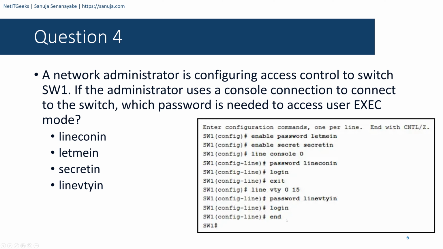Remember that it has to be line con in, because line con in is being entered at the line console 0, because that's where the user executive thing happens, right? The password required for the executive mode has to be under the line console 0 command, because that is required to gain entry to the console port, and therefore enabling the line console 0.